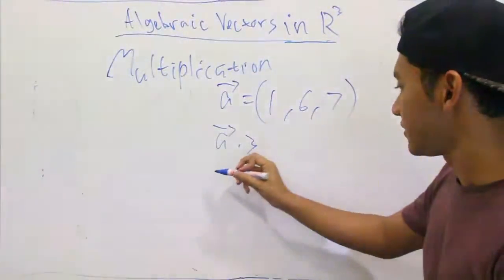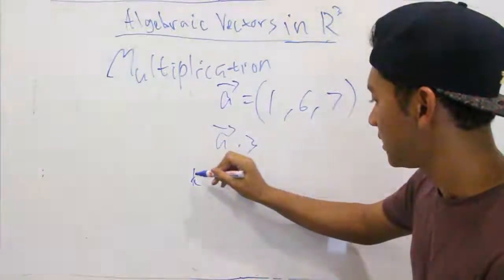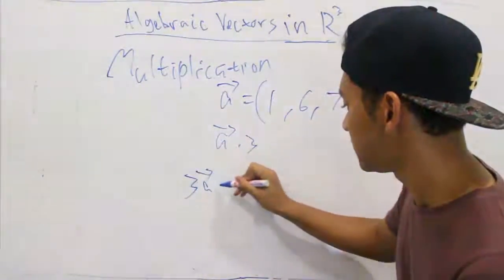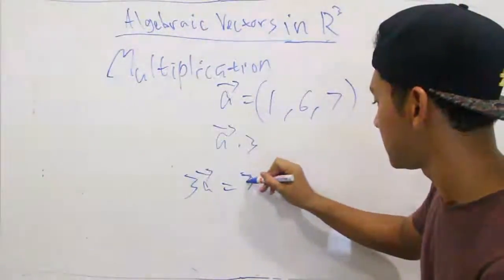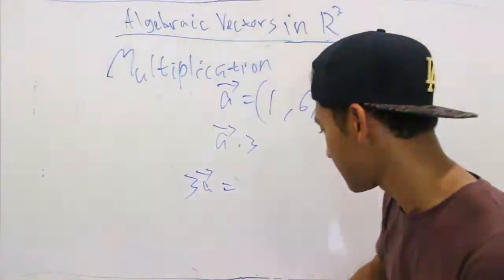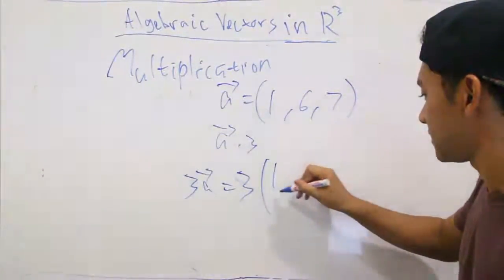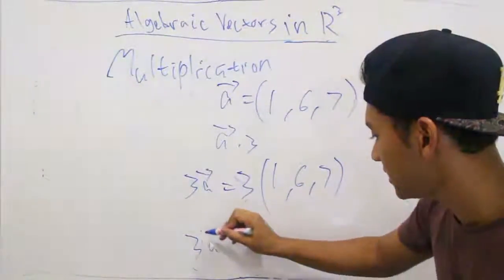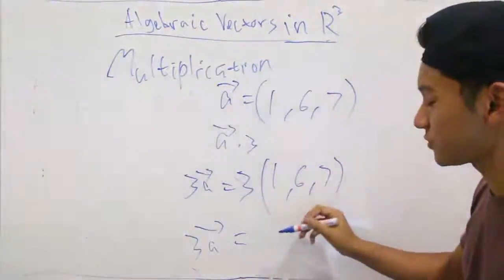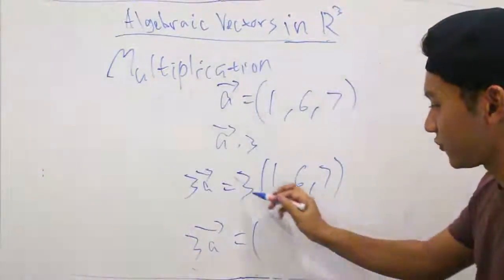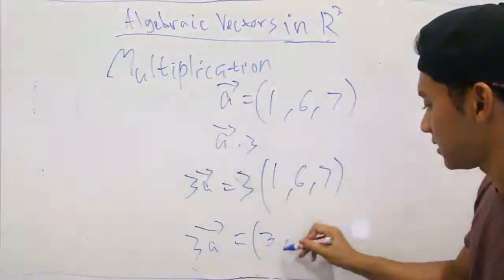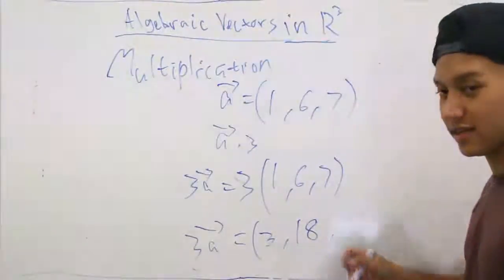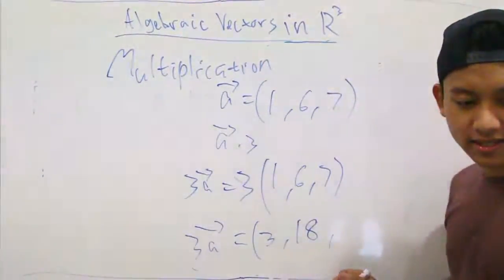So this means k is 3, and 3A is equal to 3 times the vector A. So 3A is equal to 3 times 1. This is the new coordinate, the answer. 3 times 1 is 3. 3 times 6 is 18. And for the last z coordinate, 3 times 7 is 21.